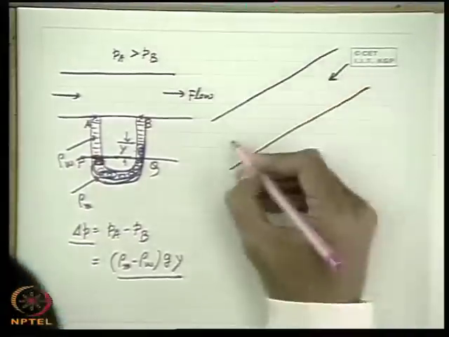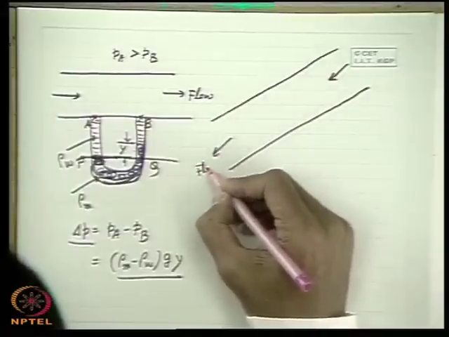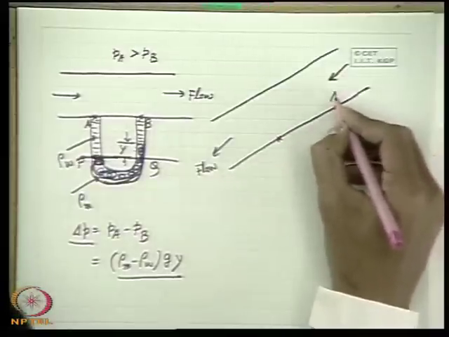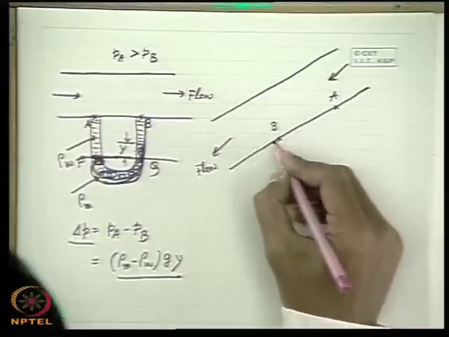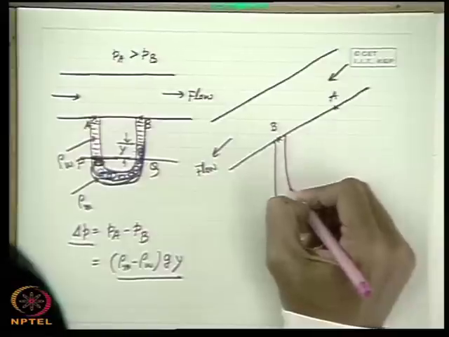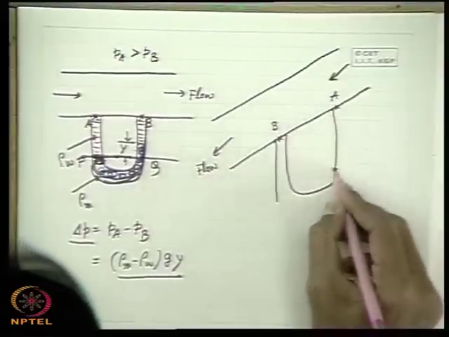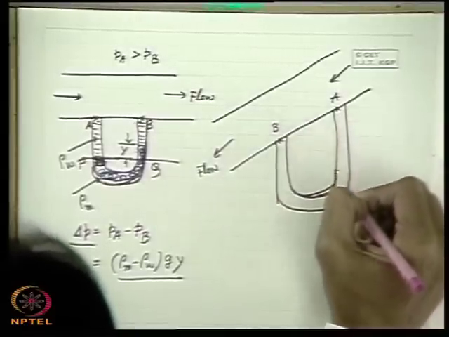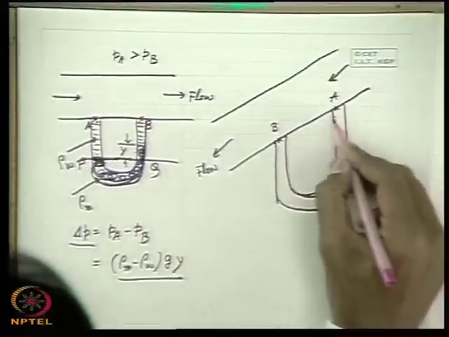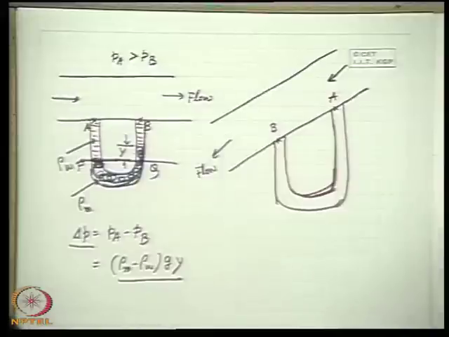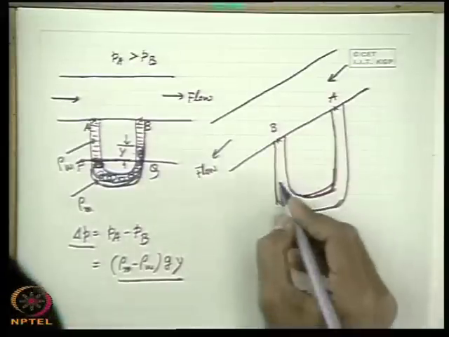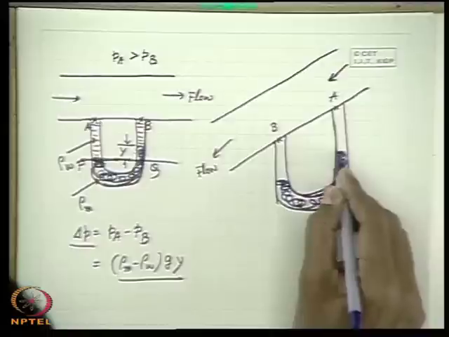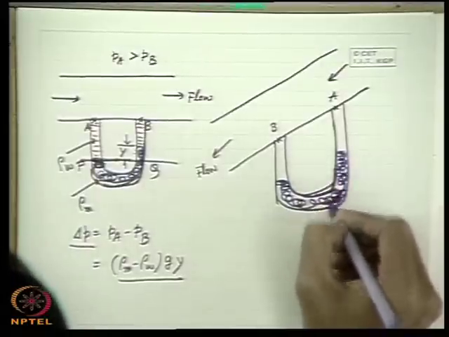Let the flow direction be like this, and we are interested in measuring the pressure difference between these 2 points A and B. Let us connect a U tube manometer like this, and then the manometric fluid will definitely have a deflection like this.